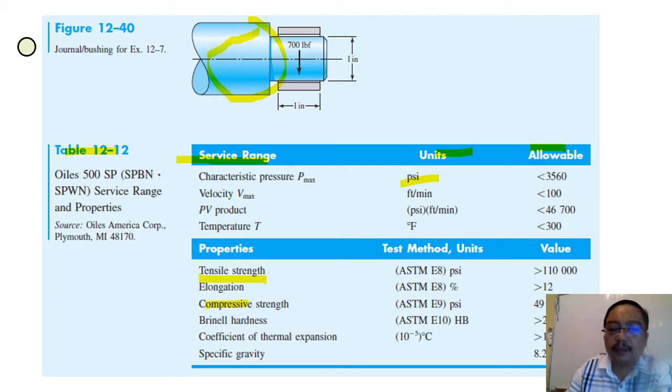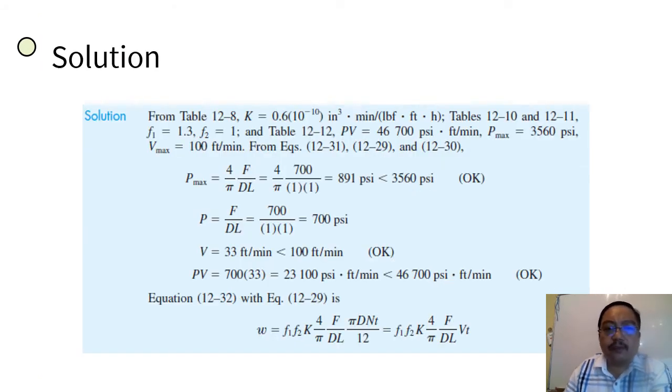So this is the solution from table 12.8. K equals 0.6. Table 12.10, 12.11: F1 equals 1.3, F2 equals 1. Table 12.12: PB equals this, and then you get P max. Then you check whether it is within capacity or not. 3560 is taken from the previous table.